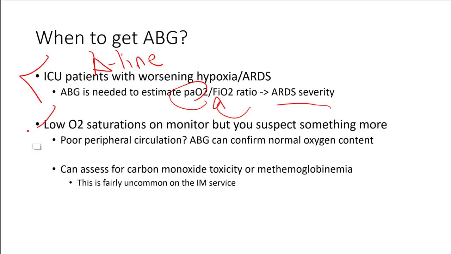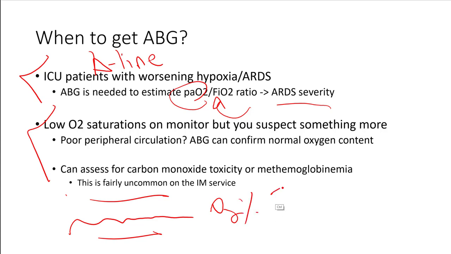But here is another situation outside of ARDS where getting an ABG is helpful. Imagine you're looking at the monitor, and the O2 waveform is kind of flat, and the O2 sats are in the 70s. But you look at the patient and they look fantastic, or it doesn't correlate because their lungs look normal on the x-ray.